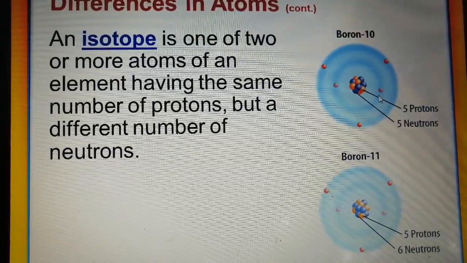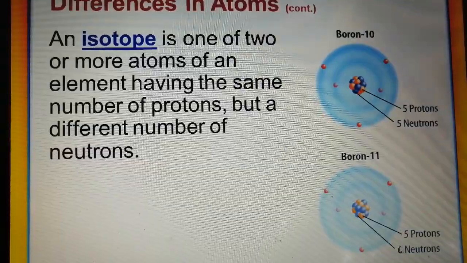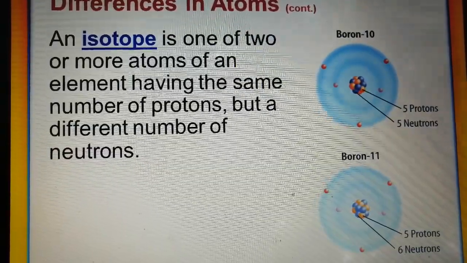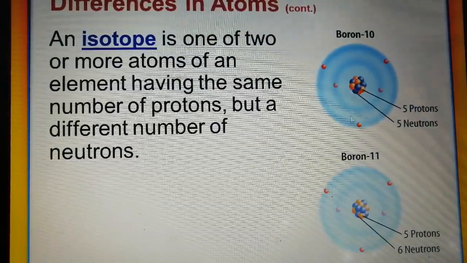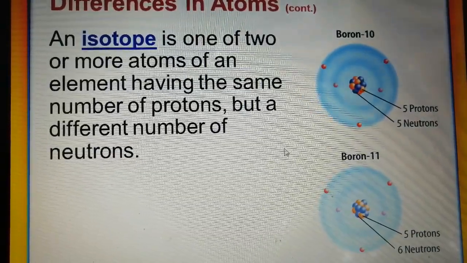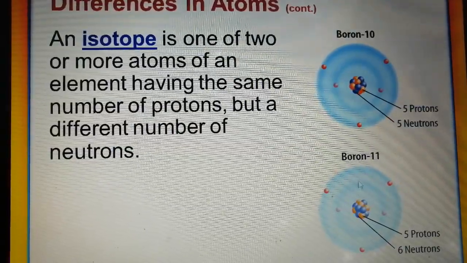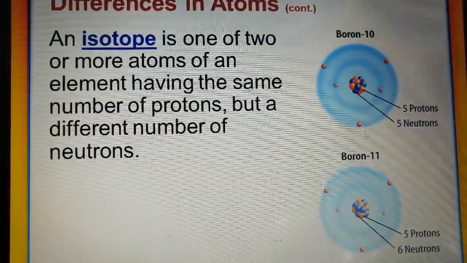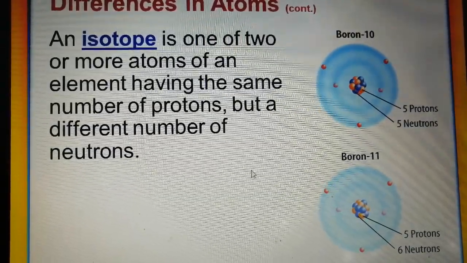In boron 10 we have 5 neutrons, and in boron 11 we have 6 neutrons. So these are called isotopes of the same atom. This atom is called boron, and this atom is called boron, but they are different in their neutrons, so they are called isotopes.